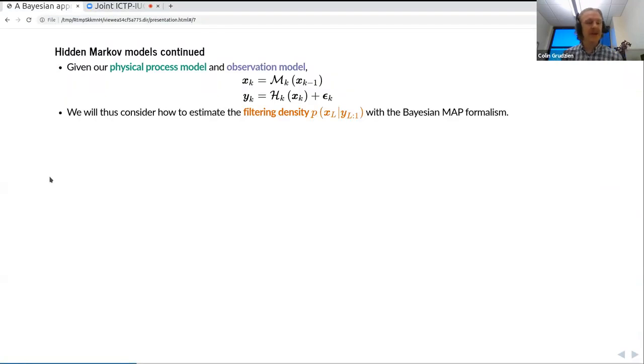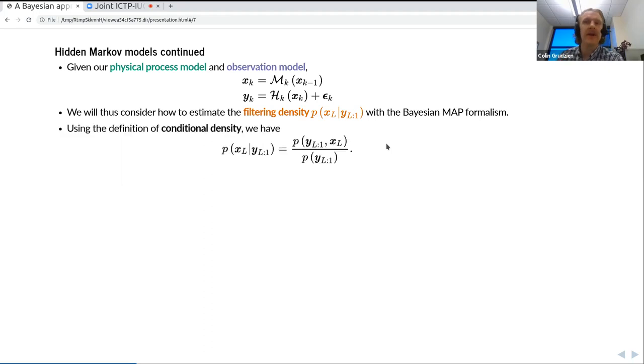So the notion here is, with these two models, we want to consider how we will estimate this filtering density. That is, this density for the current model state conditioned on the entire time series of observations from the leading time to our first observation using this Bayesian MAP formalism.